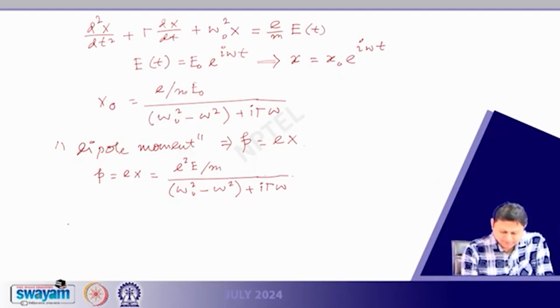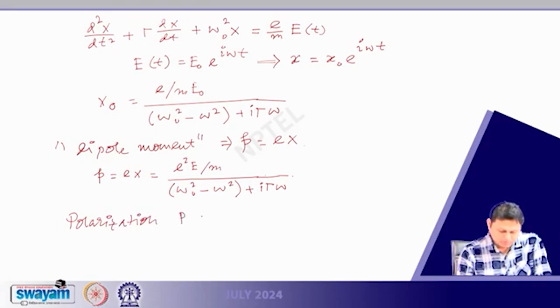Well, the polarization P will be simply the dipole moment multiplied by n, where n is the number of dipoles per unit volume.